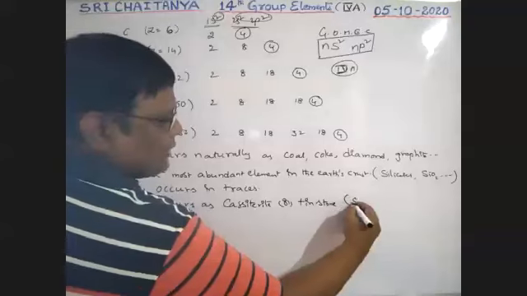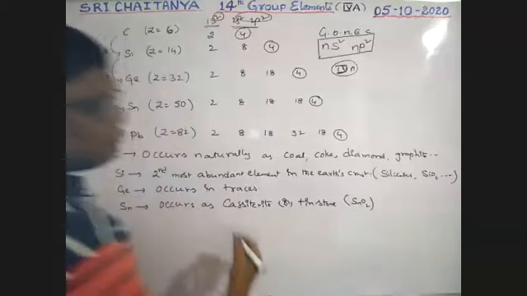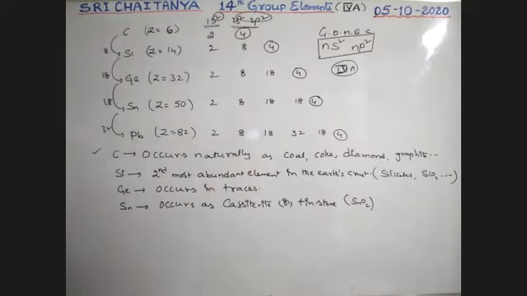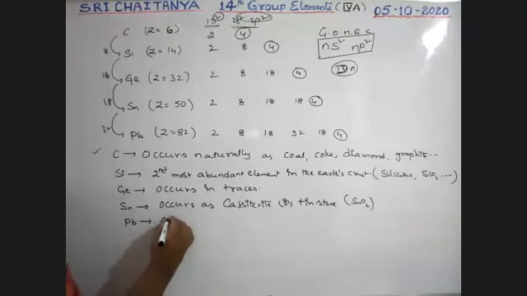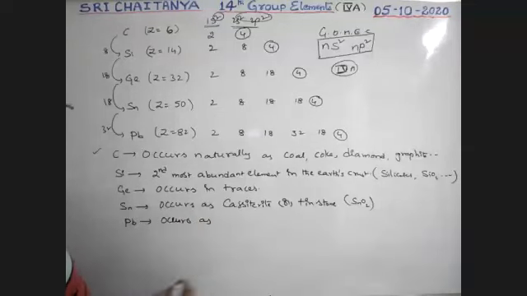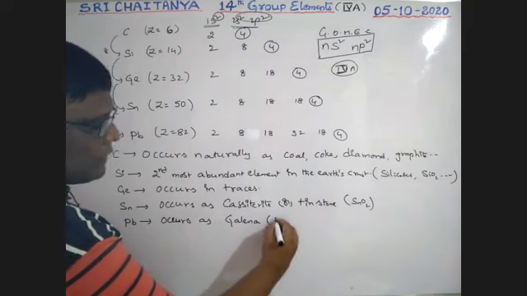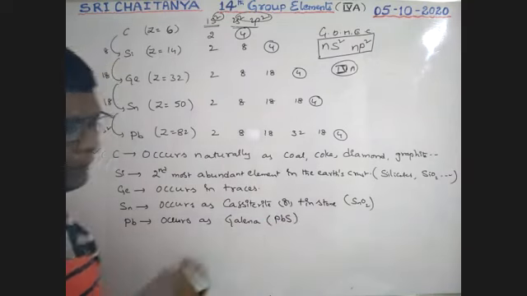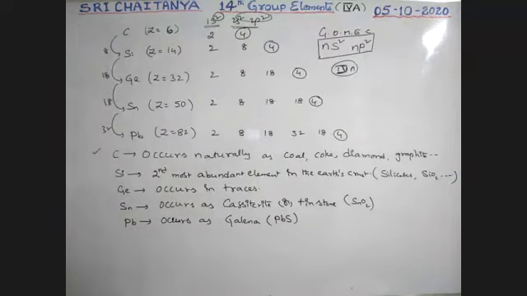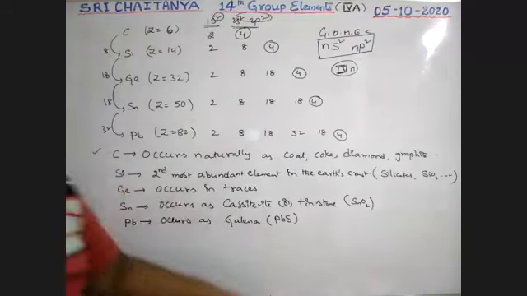The formula is SnO2. That is called tinstone or cassiterite. Very important, boys. Next, lead, Pb, occurs as galena, that is PbS. So this is the occurrence of all these elements.